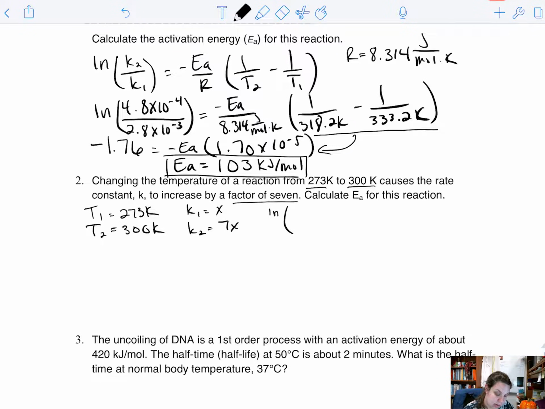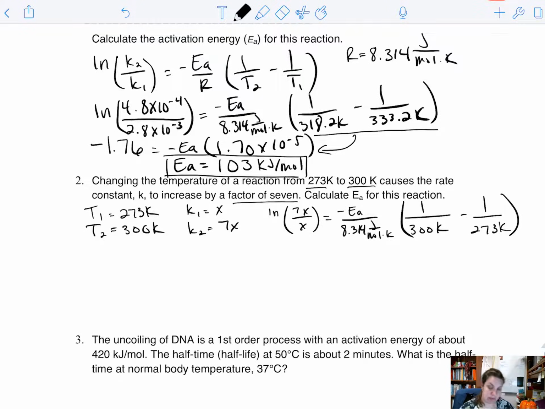So ln 7x divided by x is equal to negative EA divided by our R, 8.314 joules over mole Kelvin, times 1 over 300 Kelvin minus 1 over 273 Kelvin. Okay?